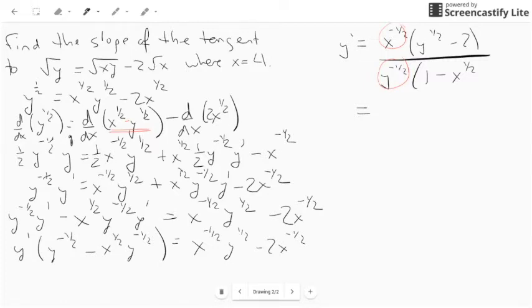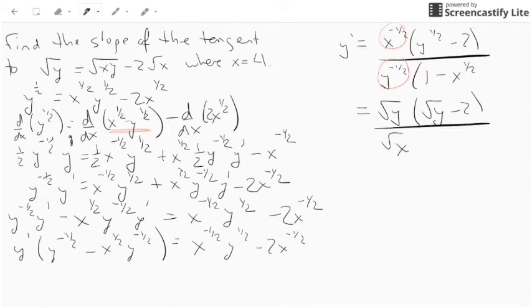This will end up being root y multiplied by root y minus 2, over root x multiplied by 1 minus root x. Okay, good. Now, that's my derivative. I hope that made sense.